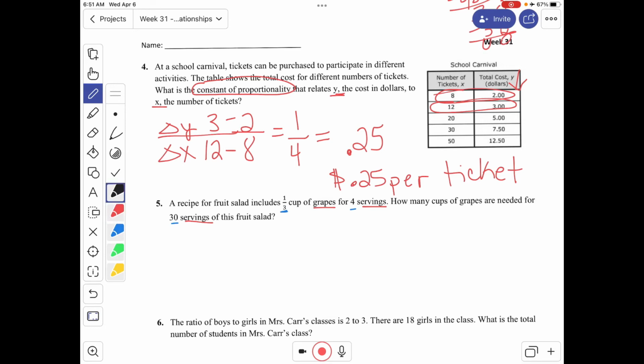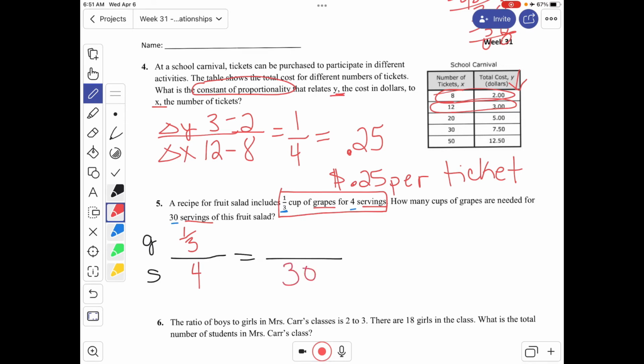Definitely a proportion. So we're comparing grapes and servings. The rate they give us, because it's in the same sentence, is 1/3 cup of grapes to 4 servings. And they want us to predict for 30 servings.